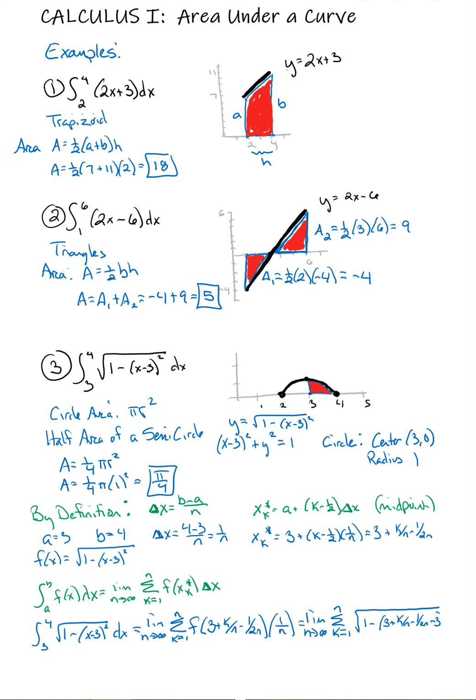Subtract 3 from that, and then square it, and then multiply all of this by delta x, which is 1 over n. Oh my gosh. There's gotta be a better way.